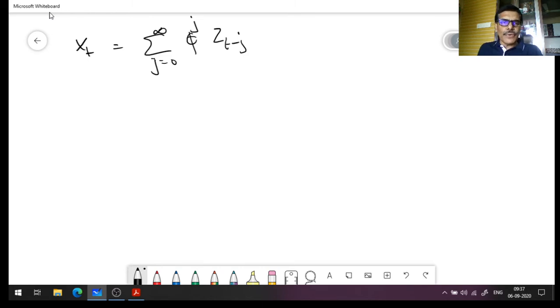So if you try to compute its expectation, assuming that this is finite, finiteness is actually guaranteed by considering the sum up to some k, and then taking the limit as k tends to infinity, of phi to the power of j, epsilon_{t minus j}.